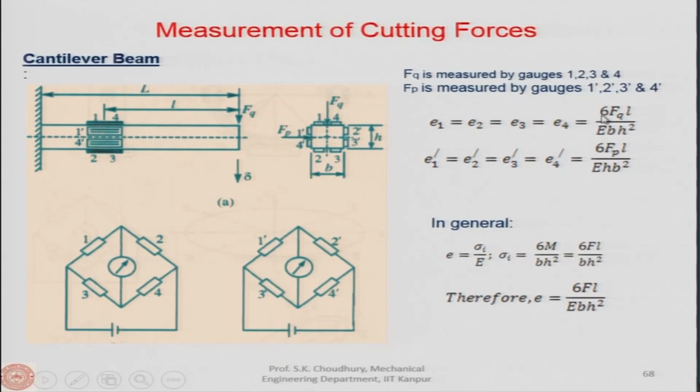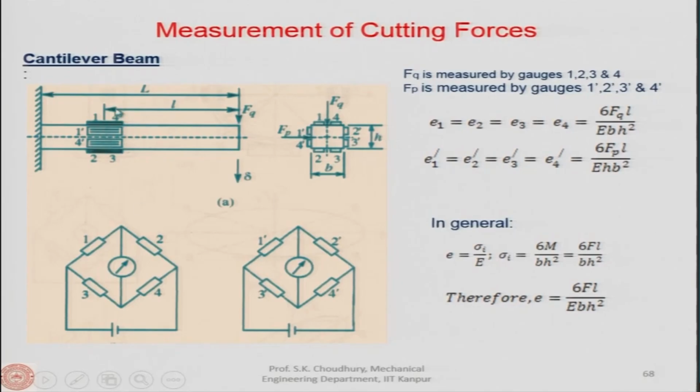So, this will be equal to 6. Now, since 1, 2, 3, 4 will measure Fq, this force will be Fq, and this distance is small l from the point of application of the force up to the gauges, divided by E and bh squared.